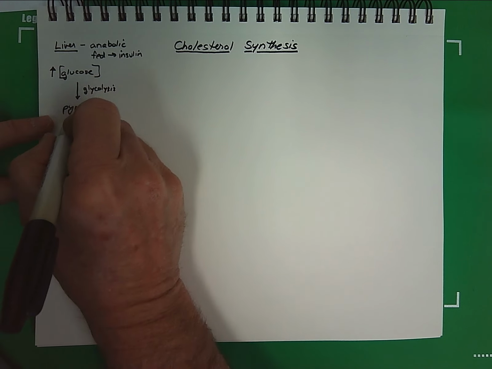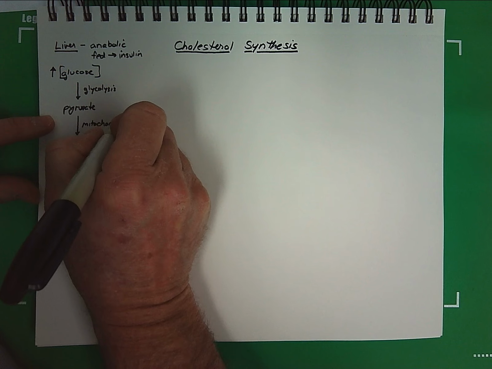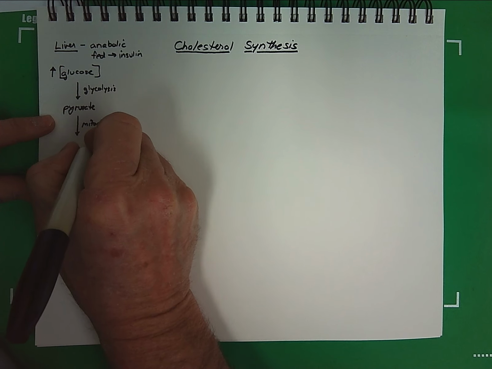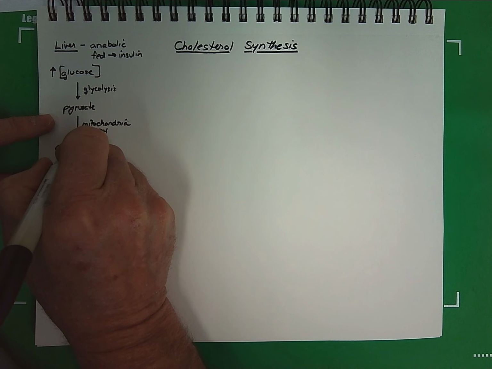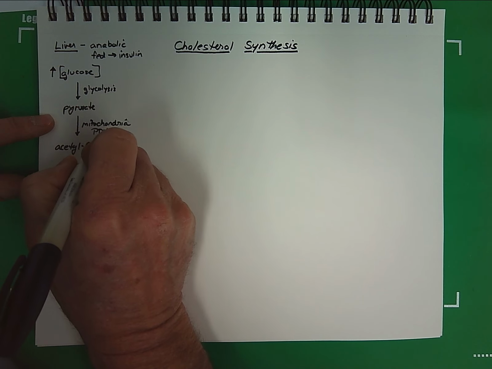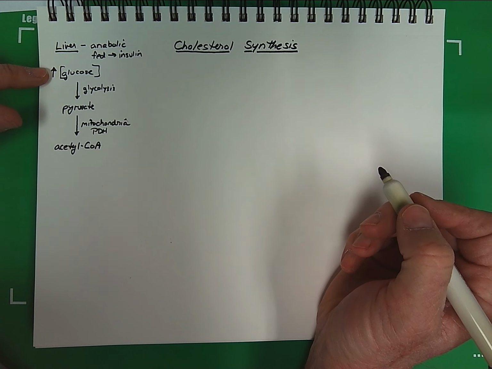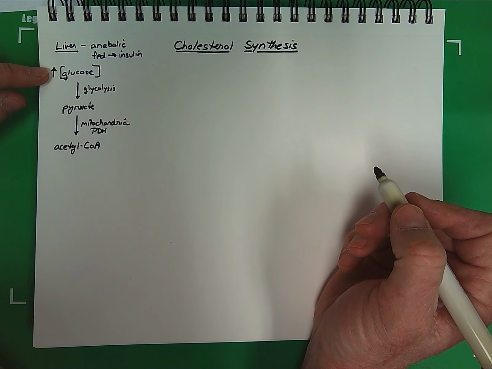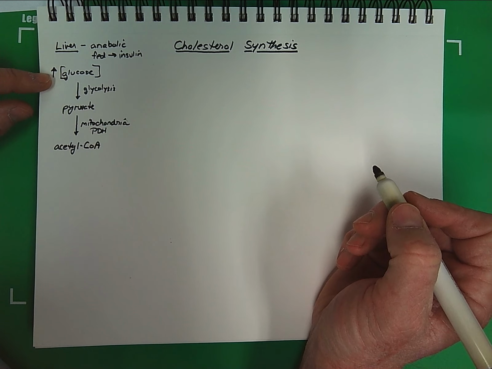The pyruvate now translocates into the mitochondria, and in the mitochondria, the enzyme pyruvate dehydrogenase, of course, converts this into acetyl-CoA. So the process so far is very similar to what we've seen in fatty acid synthesis. Glucose is going to be our original source of carbon molecules.